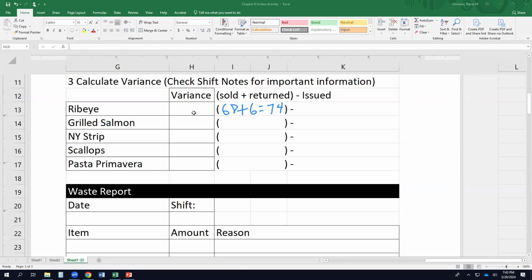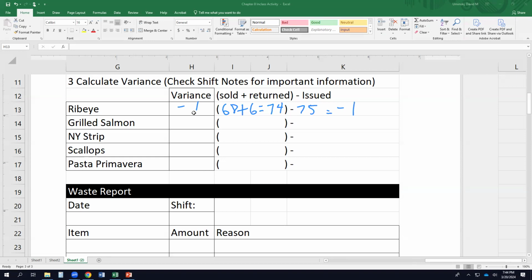So I sold 68. I put 6 back into inventory. So that means I have 74 total ribeyes. How many did I issue? I issued 75. So what is 74 minus 75? -1. That means I'm short of ribeye.